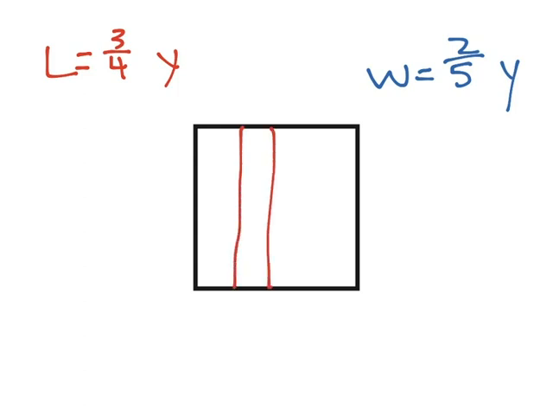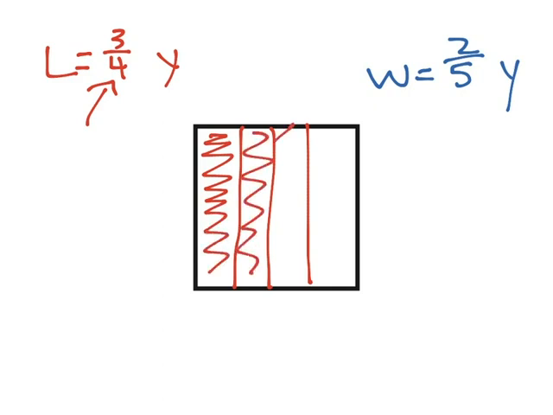We're going to divide it into fourths because that is our total. So we're demonstrating that it's 3/4 of a whole yard. So here is 3/4 of a whole yard. So now we're going to divide the width up into fifths.